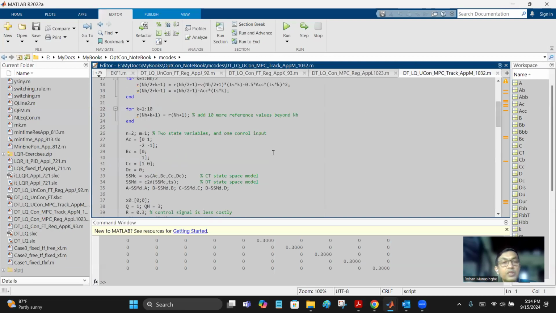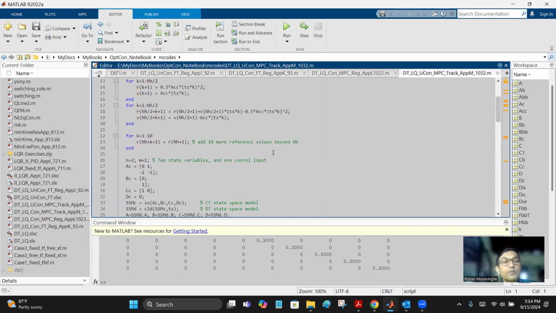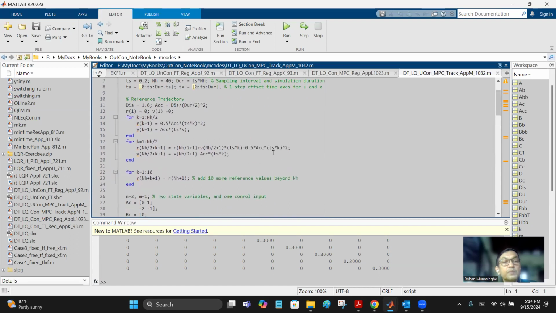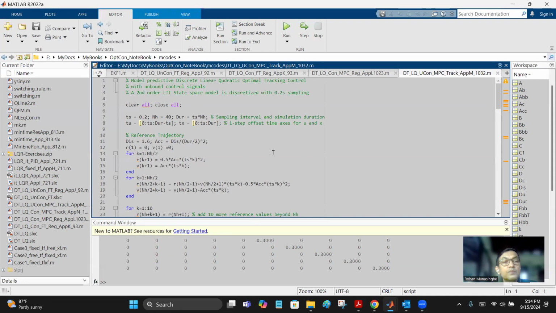Let me explain the plant here. So this is basically the control duration. The 0.2 is the sampling interval. This is the total horizon, 40. Duration is the number of steps times the sampling interval, right?